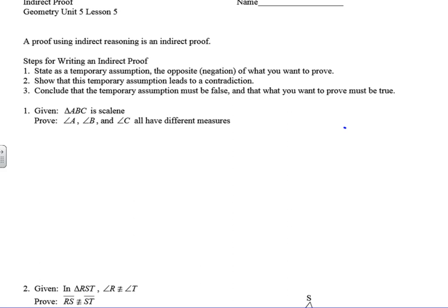So we're kind of like building a house, building an argument based off of one assumption. And when we find out that that assumption is incorrect, or that it contradicts something, then at that point we realize that our assumption is wrong, and therefore the other one must be true.